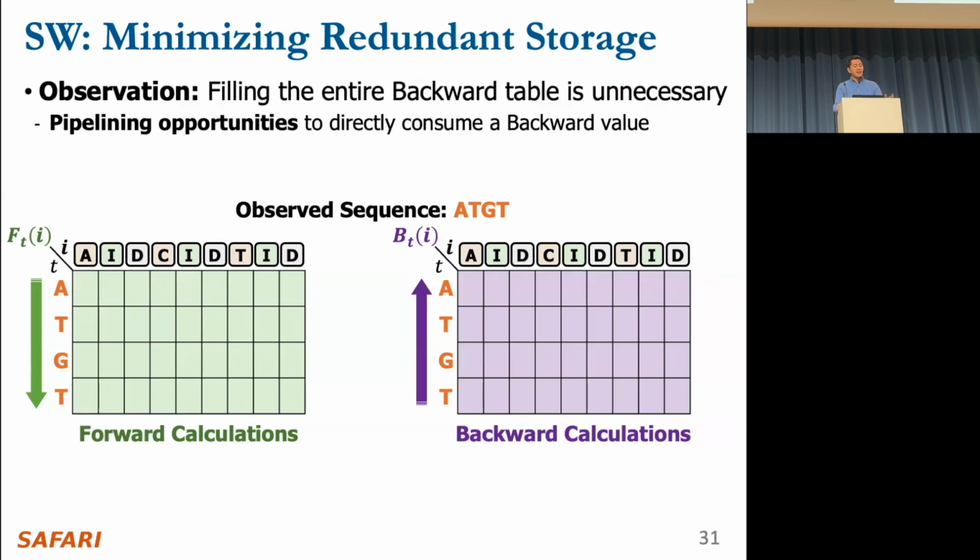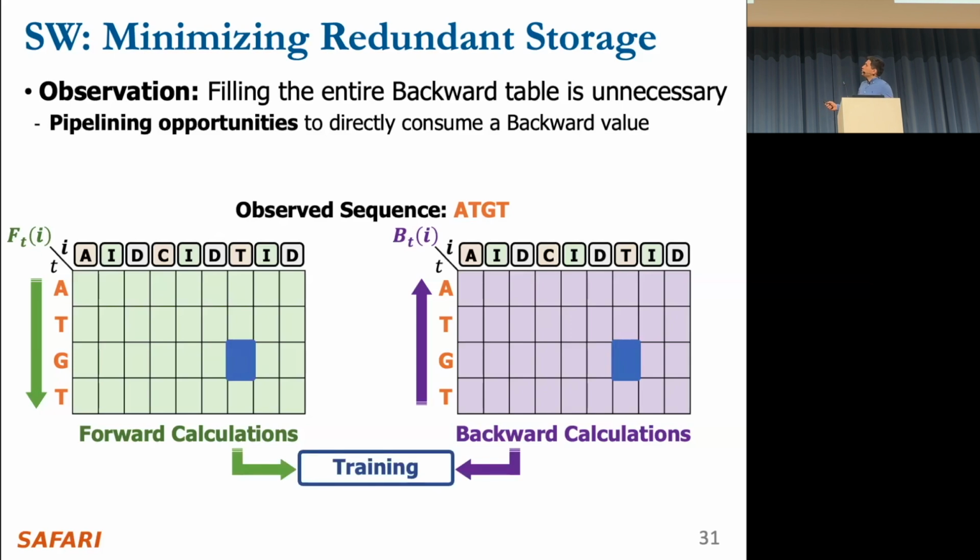And the reason is essentially some pipelining opportunities that we observe in the equation, which allows us to directly consume the backward values in each cell while we calculate them. And basically, if you assume that we're using these particular cells once they are fully computed in the training, if you need to use this cell, then this means that you need this particular cell to be filled, and for this particular cell, you need this cell essentially.